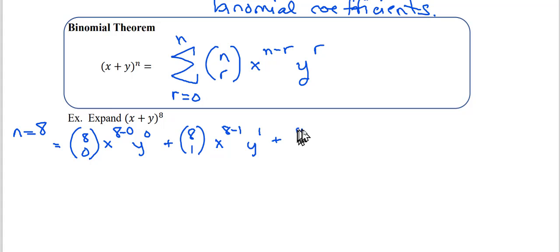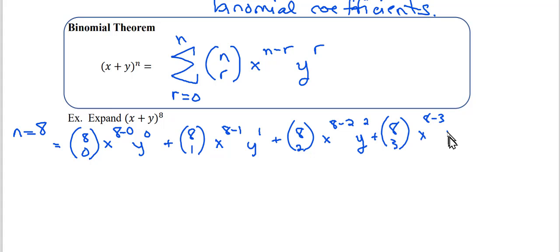Plus, now we go to r equals 2: 8 choose 2. The n doesn't change. The n is the exponent that we started with, always 8 in this case. x to the 8 minus 2, y to the 2nd. And we keep going. 8 choose 3, x to the 8 minus 3, y to the 3rd.